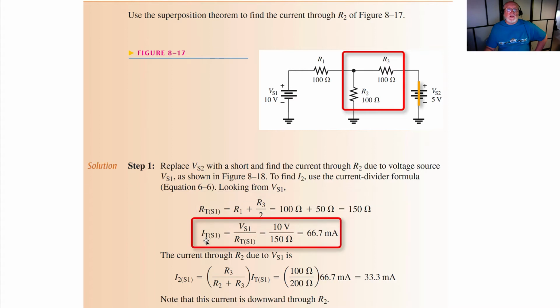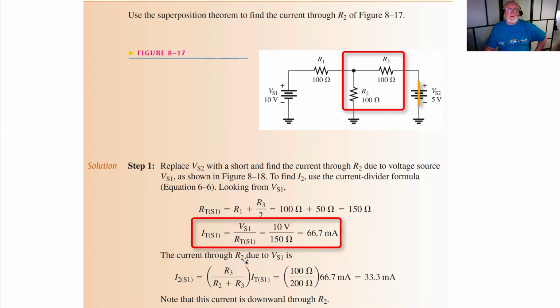Now the total current from source 1 is equal to V source 1 over R total source 1. So that's 10 volts divided by 150, which gives us 66.7 milliamps.